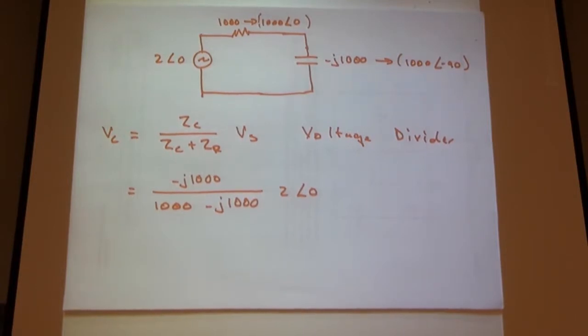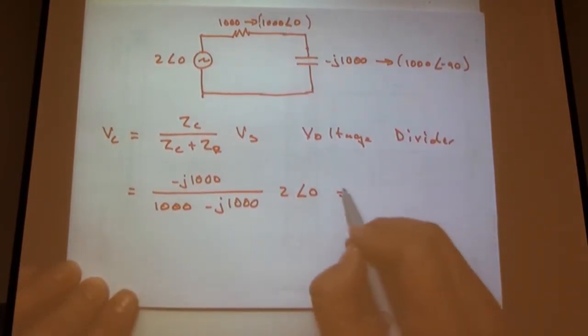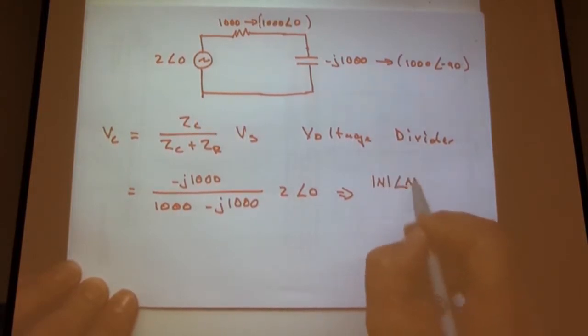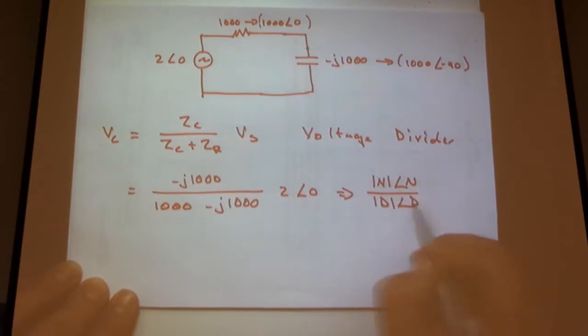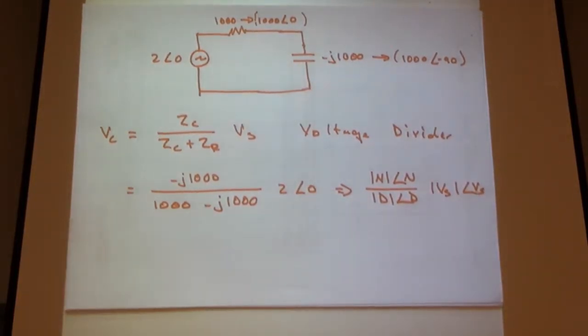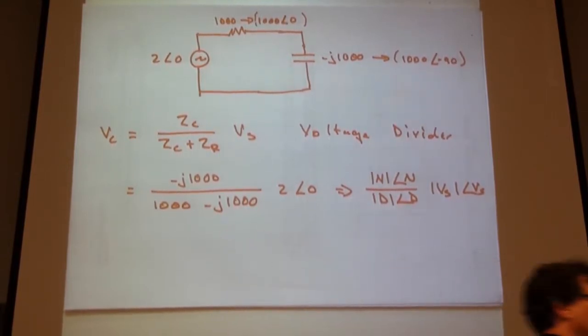I kind of mixed and matched. I have rectangular notation and phasor notation, but in some sense we want to ultimately form magnitude of the numerator, angle of the numerator, magnitude of the denominator, angle of the denominator, times magnitude of the source, angle of the source. And we already have 2 angle 0, so we just need to figure out the magnitude of our numerator, which we can do by inspection.